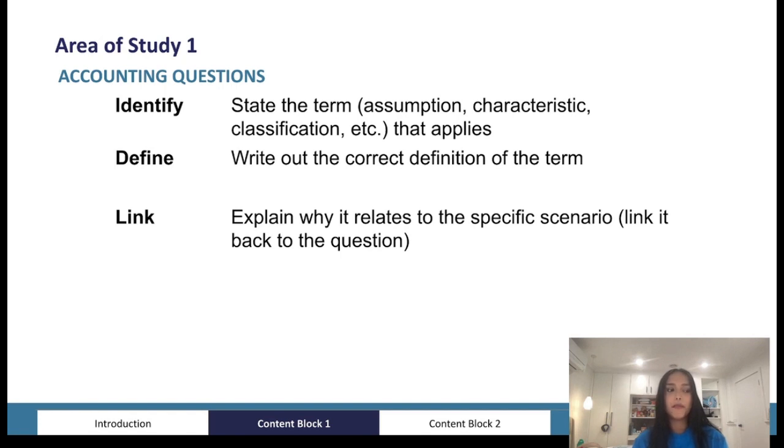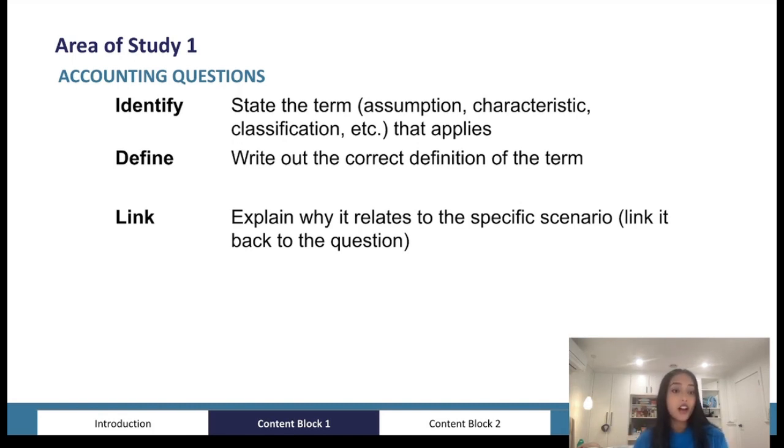So the third mark, or what examiners are really looking for, is students who are able to link their responses, their theory answers, back to the context of the question. For example, that might just be saying the specific amount that was that current asset. Even just that.